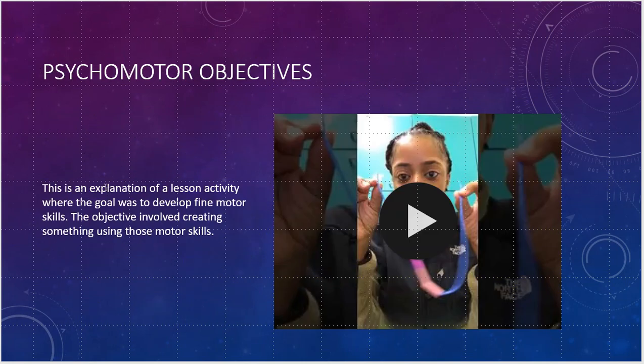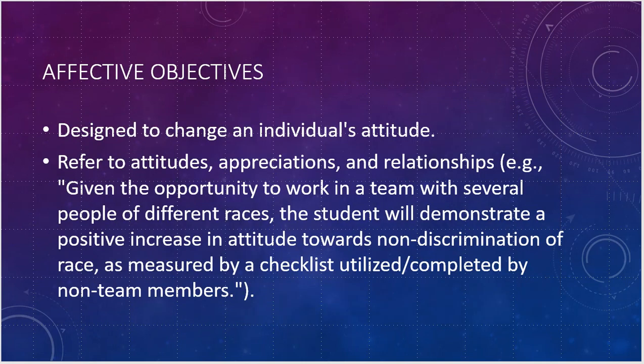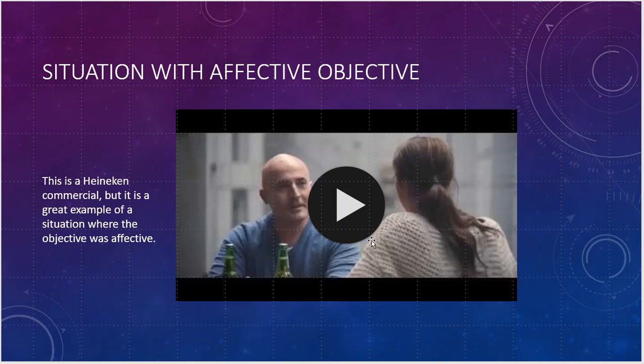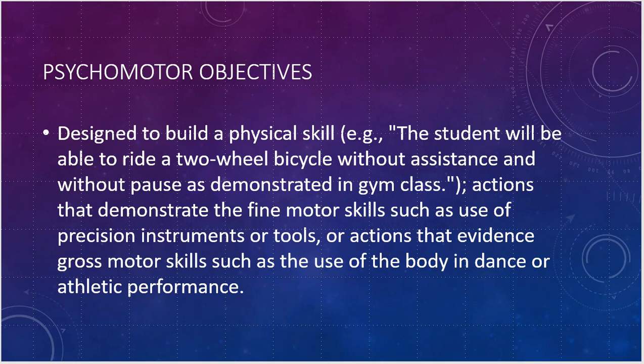And I have here a video that you can watch that has to do with a great example of a commercial, but it was an experiment that had an affective objective in terms of changing people's point of view. Then we have psychomotor. Psychomotor are like fine motor skills.